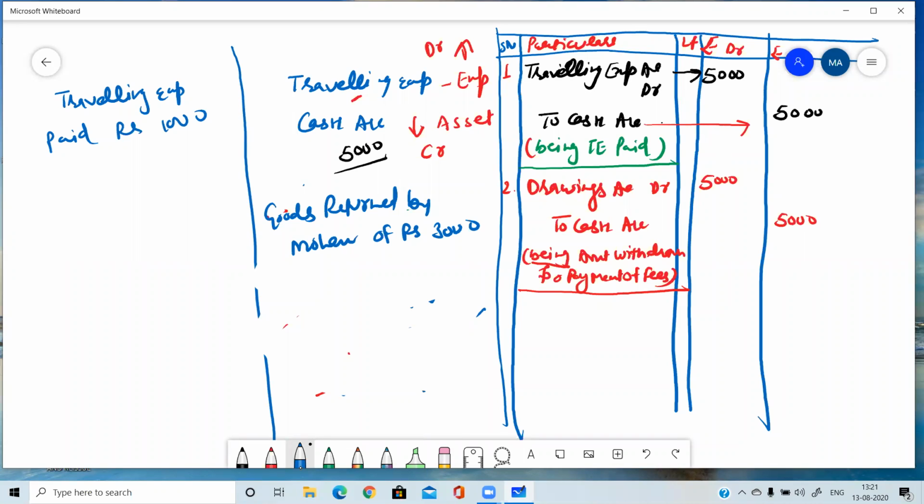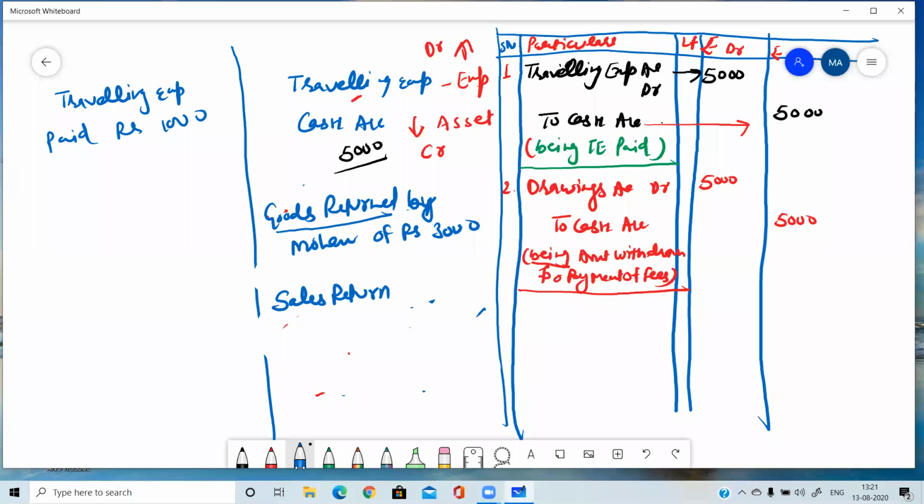Understand carefully. First of all, whenever there is a goods return concept, you have to decide whether it is a sales return or a purchase return. Goods returned by Mohan. So please tell me, is it sales return or purchase return? Yes, everyone has given me the correct answer. Very good. Sales return. So the one account involved here will be sales return.